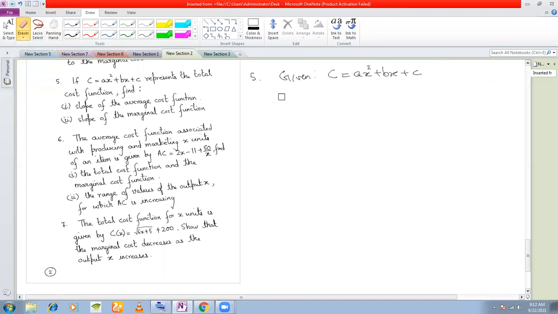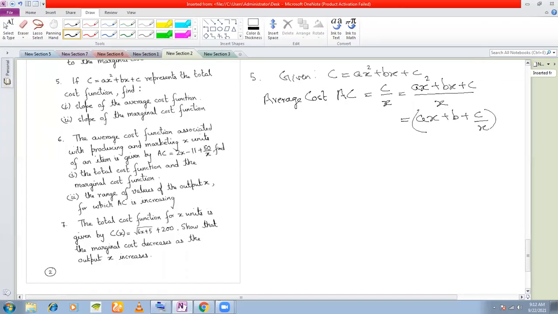So let's first find the average cost. AC is equal to C by x, which is equal to ax plus b plus c by x. This is your average cost.